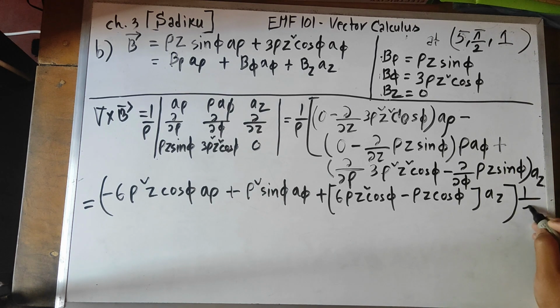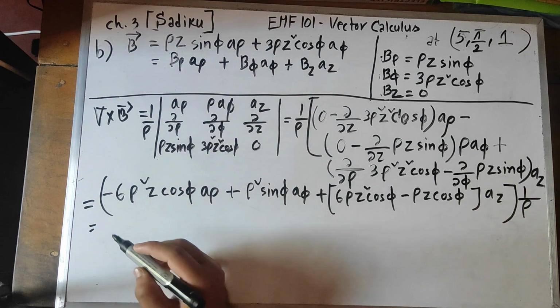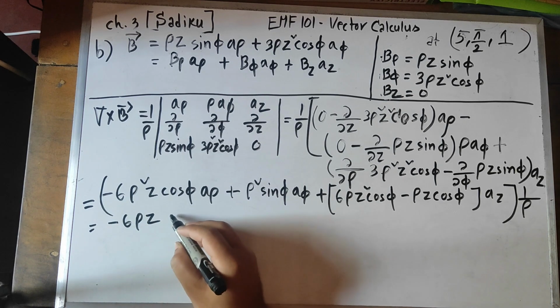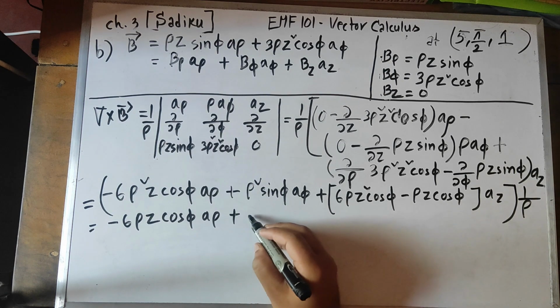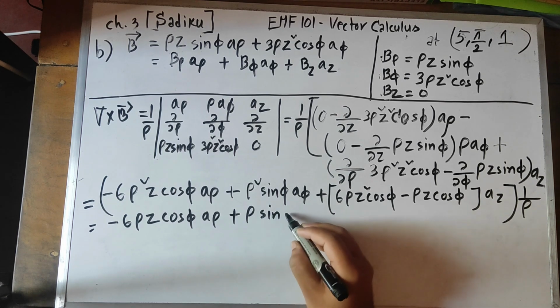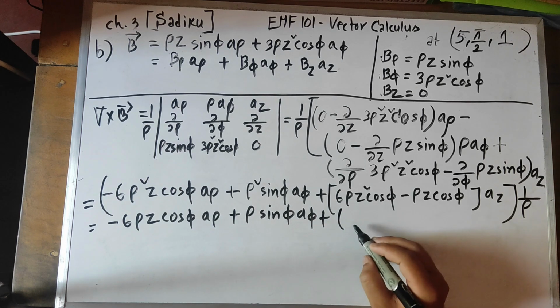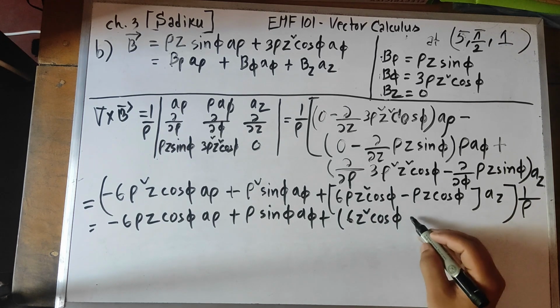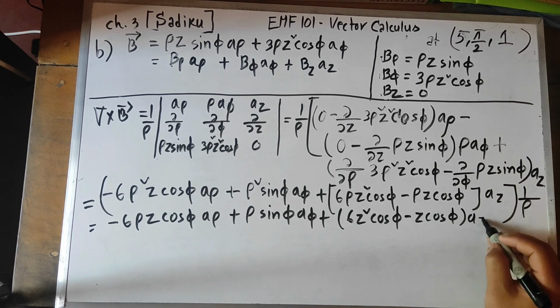So there is also 1 by rho. If you take the 1 by rho inside the brackets, it will give us minus 6 rho z cos phi a rho plus rho sin phi a phi plus 6 z square cos phi minus z cos phi a z.